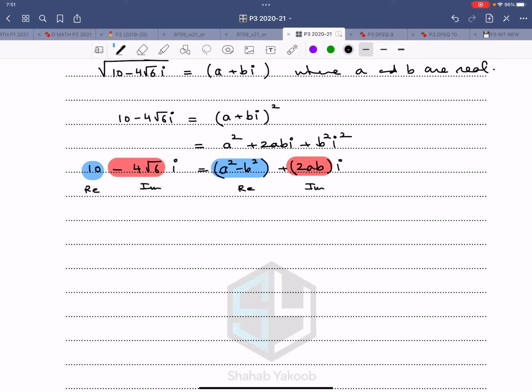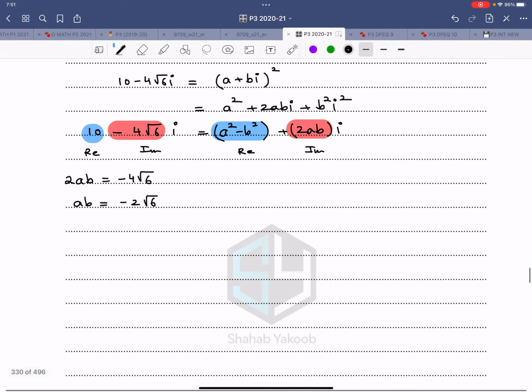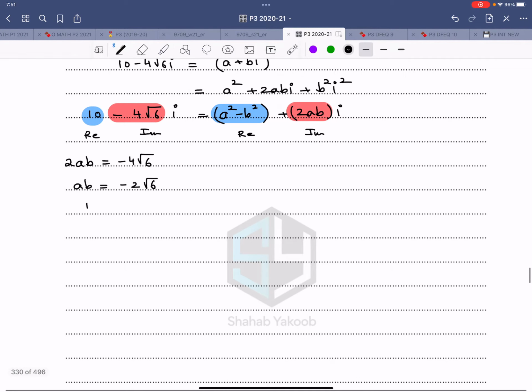First equation, 2ab equals minus 4 root 6. ab is equal to minus 2 root 6. Therefore, make any one the subject. So if I make b the subject, that is minus 2 root 6 divided by a. That's the first equation. This was the orange equation, so let me highlight it.